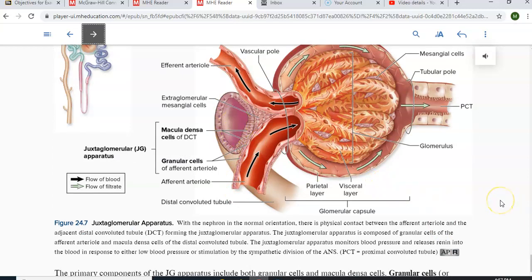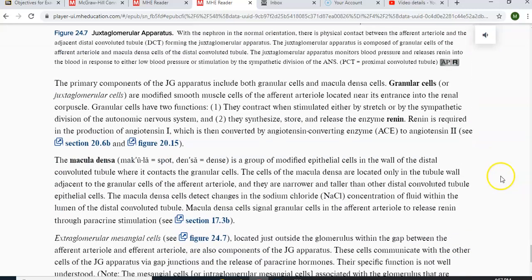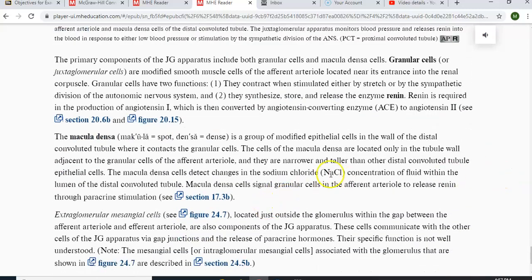So they're able to detect that sodium chloride concentration in the distal convoluted tubule, and then they'll respond, and we'll talk about how they respond in another objective. So they detect changes in the sodium chloride concentration of fluid within that distal convoluted tubule.